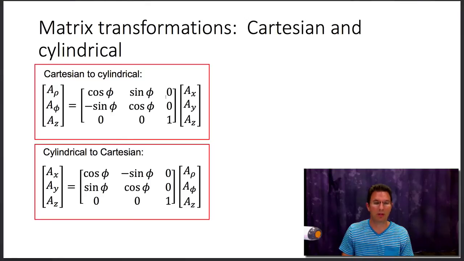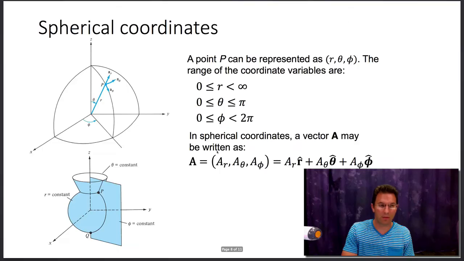This little matrix times this vector will convert from Cartesian to cylindrical, and similarly, though not identically, this matrix vector product converts you from cylindrical coordinates to Cartesian coordinates. You can go back and forth.